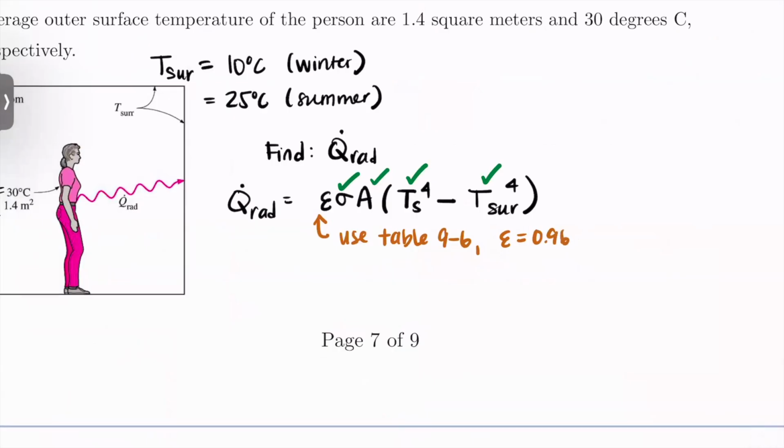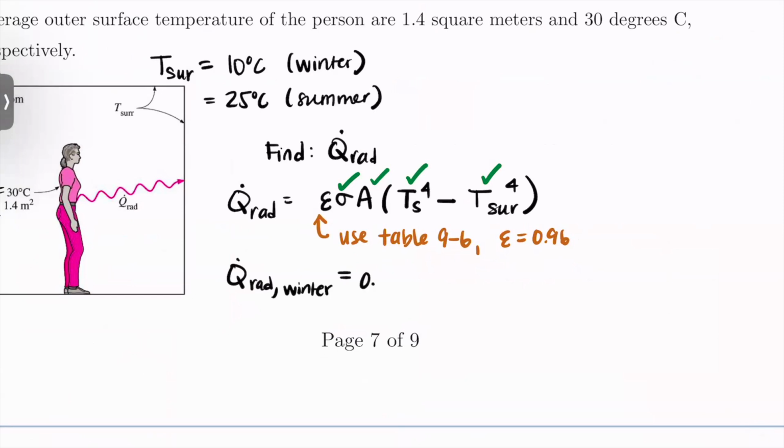All right. So now we have everything that we need, so we can find Q dot of radiation for the winter by using all the values that we have now, and we're going to use the surroundings temperature for winter.